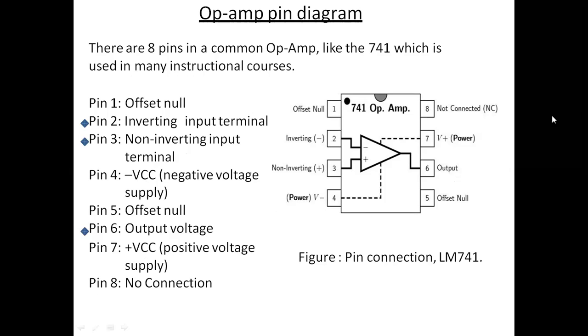At pin 6 we get the output. That means we are giving the input at pins 2 and 3, and at pin 6 we will get the output. Pin 8 has no connection, so we write not connected. So this is the pin diagram for IC741.